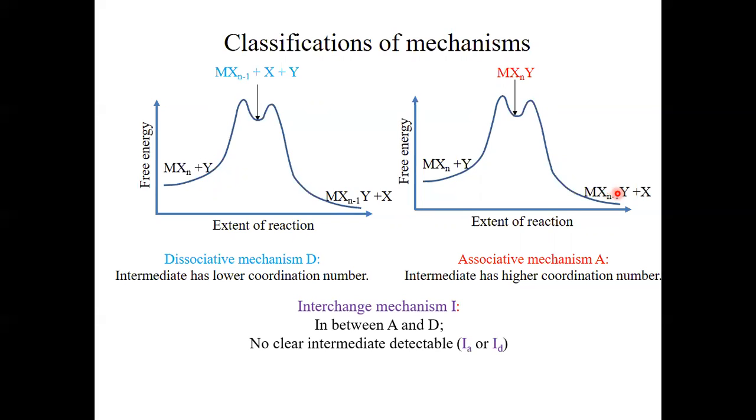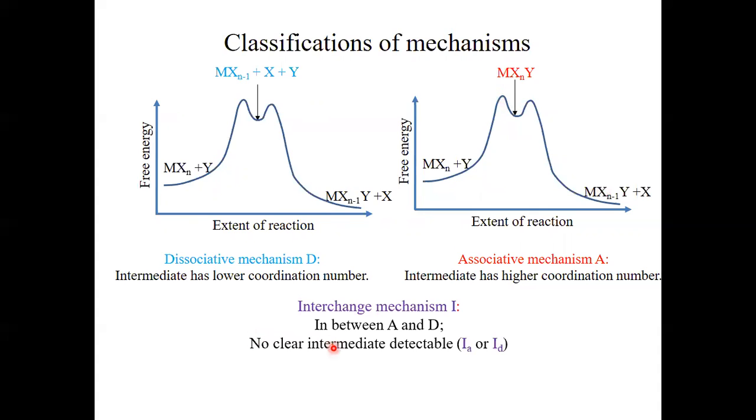So we only talk about dissociative mechanism and associative mechanism when the intermediate is clearly detectable. And that's the case when that thermodynamic minimum here is fairly deep. But often it is too shallow so that the intermediate is not experimentally detectable.